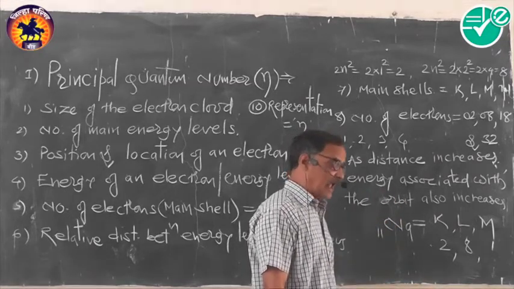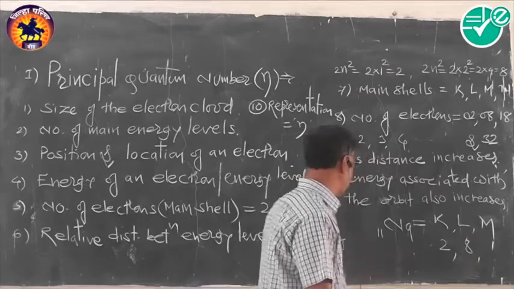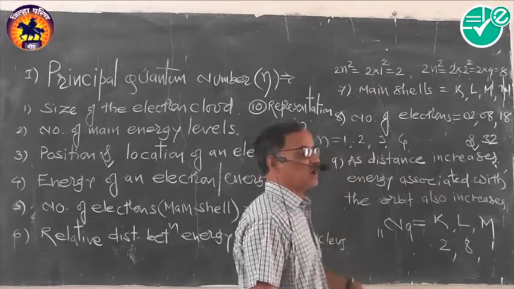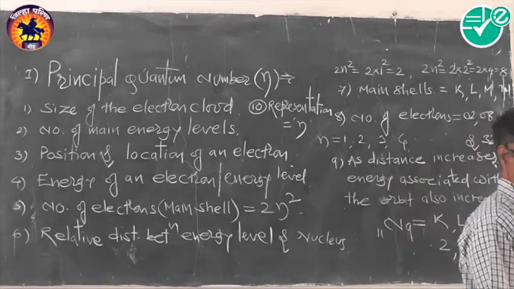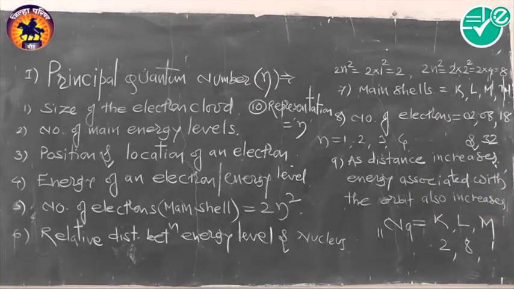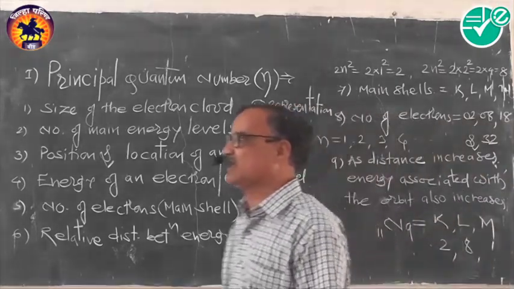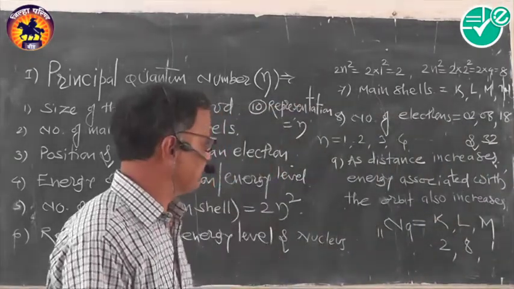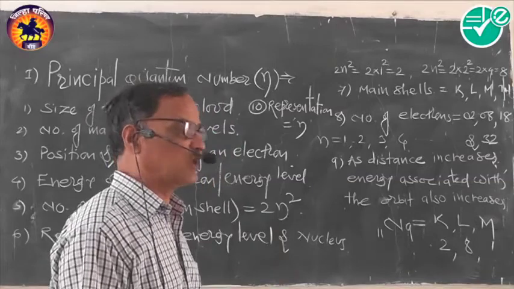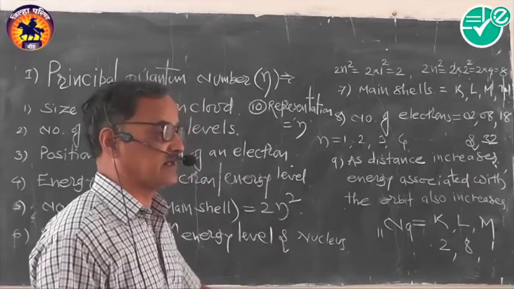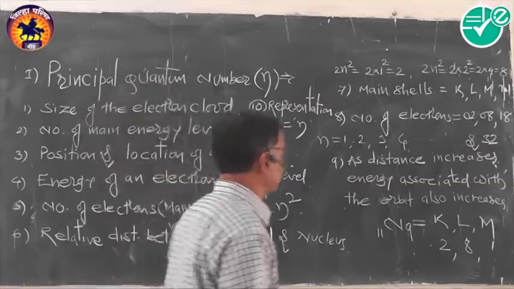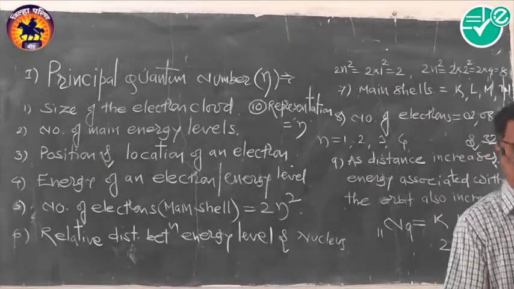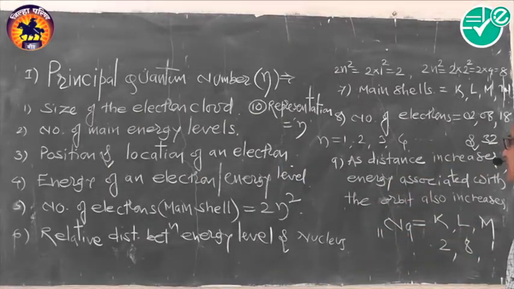It means that as we move away from the nucleus, or as the distance between the nucleus and the main energy level increases, the total energy associated with the main energy level also increases. So these are the 10 important points regarding the principal quantum number.